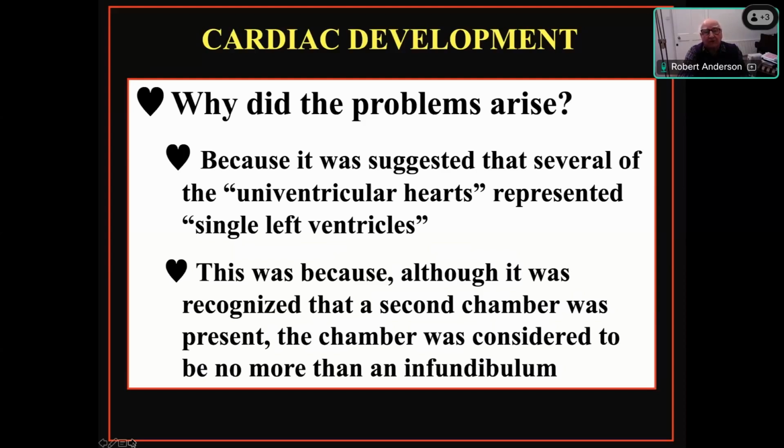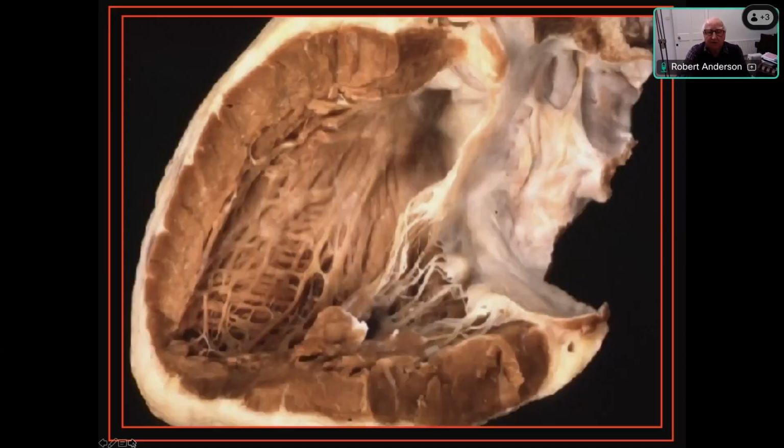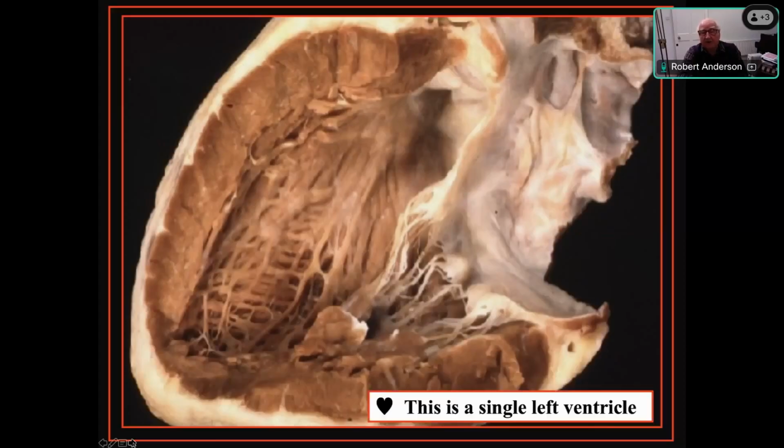But is that justified? Let's consider the arrangement of the ventricular mass in the normal heart. Now, this is the left ventricle. It has an inlet, it has an apical component, it has an outlet. And in the setting of the normal heart, it is indeed a single left ventricle.